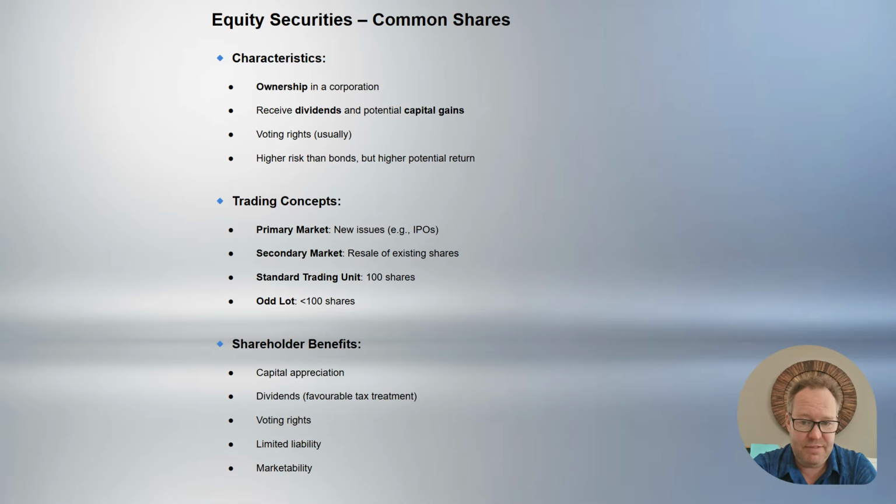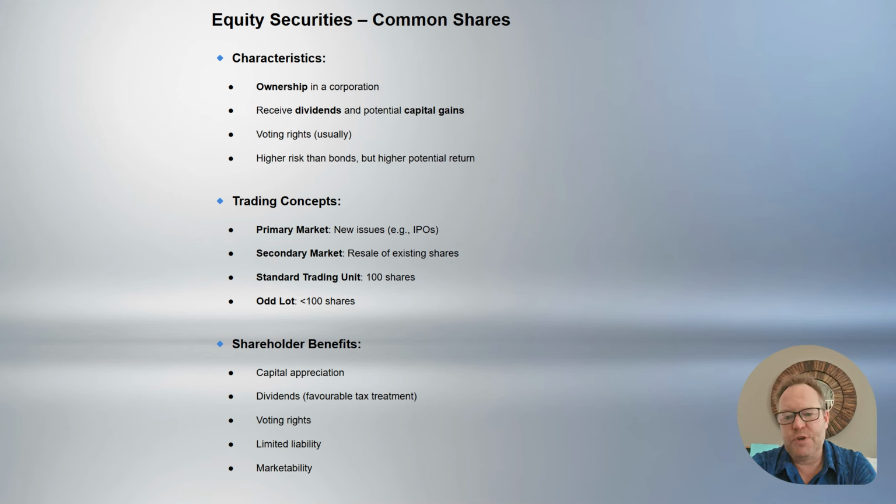You may receive dividends as a shareholder and potentially can have capital gains, meaning the value of those shares can potentially go up, but they can potentially go down. There are typically voting rights attached to the common shares. You get the opportunity to vote on different decisions the corporation might make. Equities or common shares are considered higher risk than bonds, but also come with the potential for higher return.